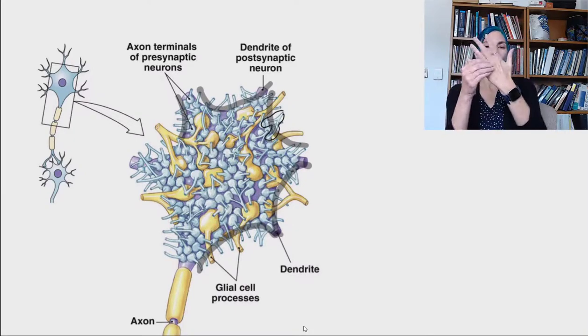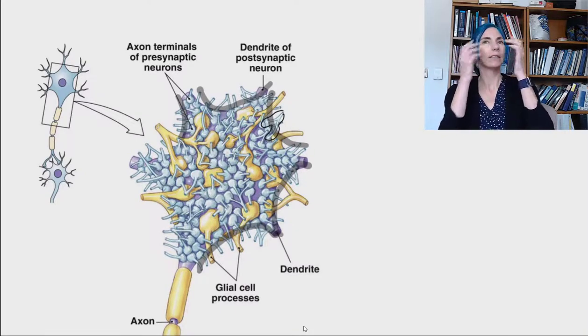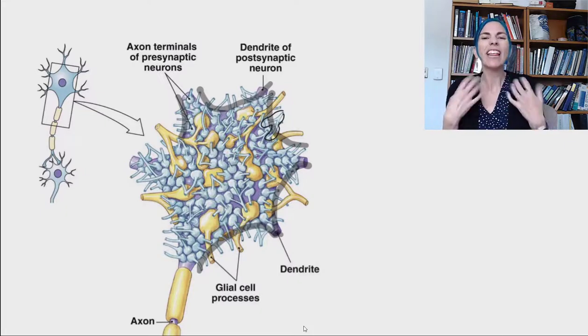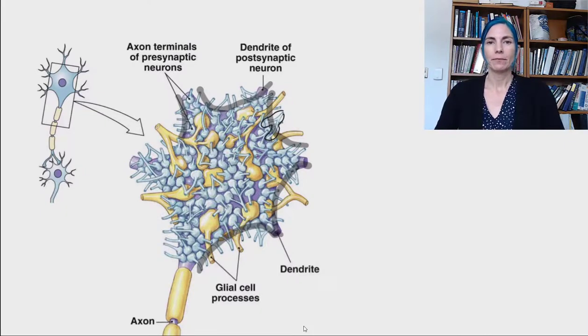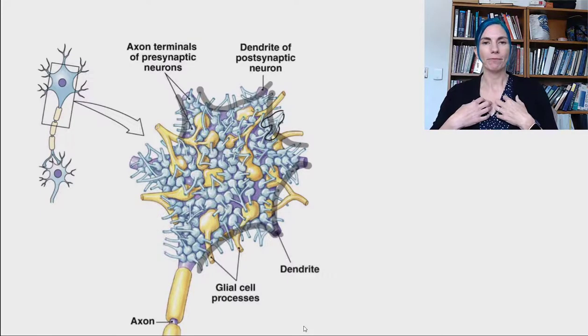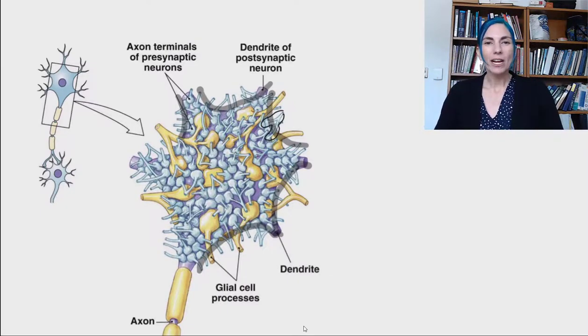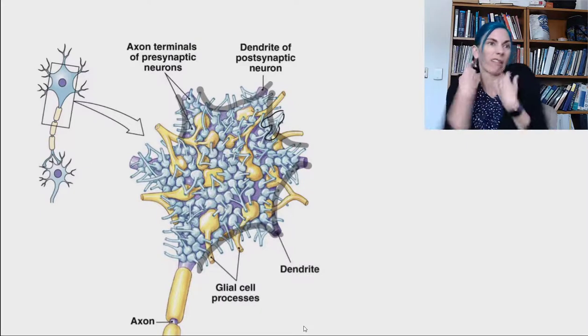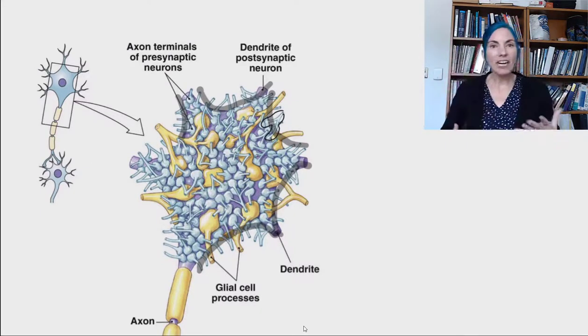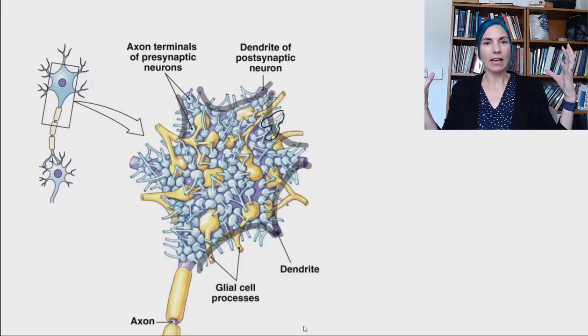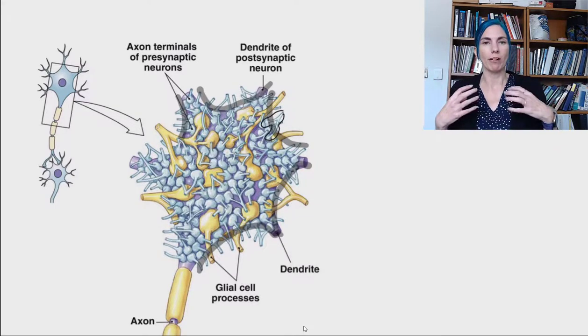I've got rings, I've got earrings, I've got hair that's in my way. I've got lots of things touching my skin. That is all sensory information that's being picked up by sensory neurons that are then conveying that to my central nervous system. Now imagine if I was constantly aware of all of that pressure and acting on it. I'd be like, I can't function because I'm constantly addressing too much stimuli.